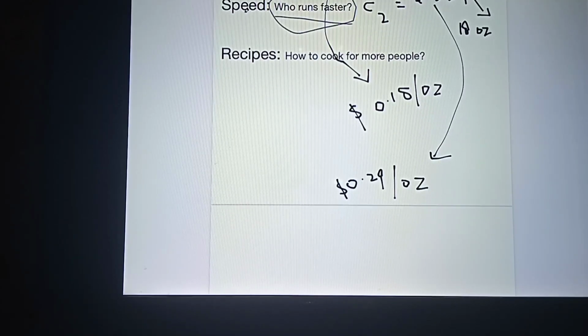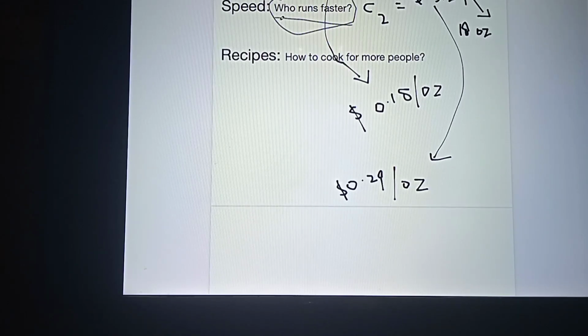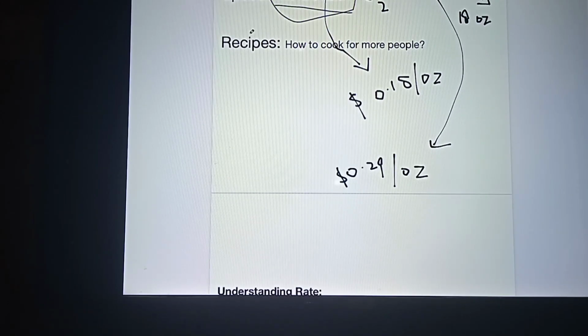Speed is obtained by dividing distance traveled over a particular time. So speed is equal to distance covered in a specific time.